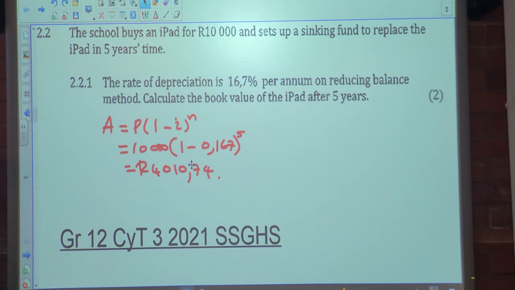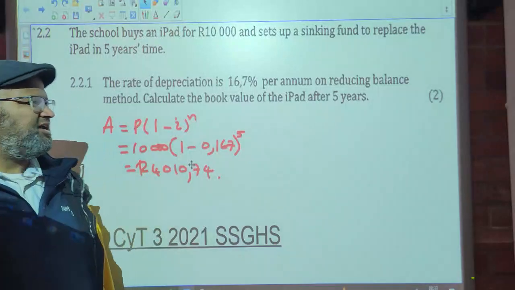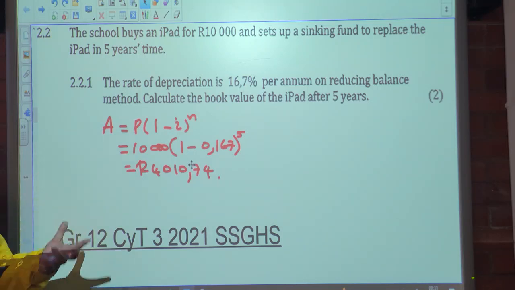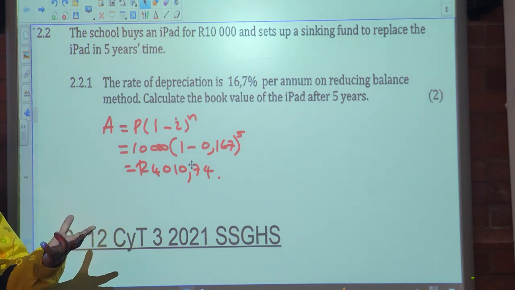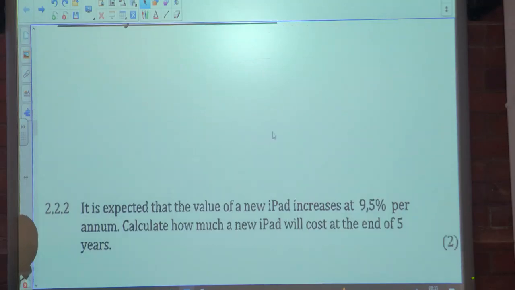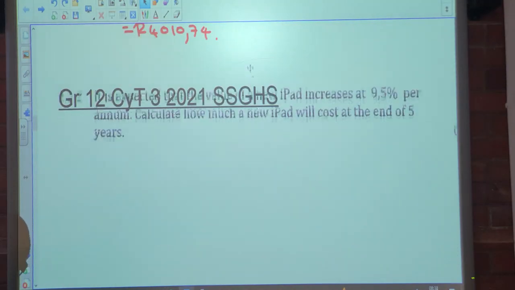So if you're looking at straight line basis, after a certain time that equipment or technology will be redundant, it will be useless. Not so a car, which after 20 years can still have some selling value or book value. And that I would say is better represented by reducing balance. But anyway, that's what the question says.